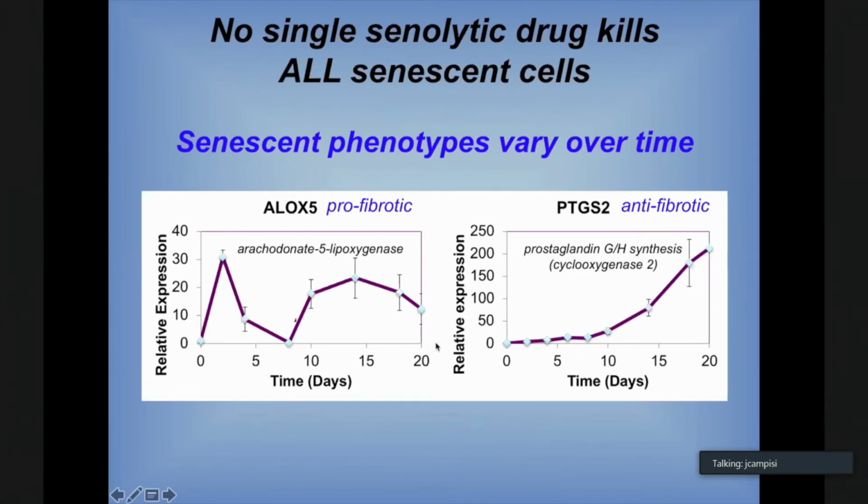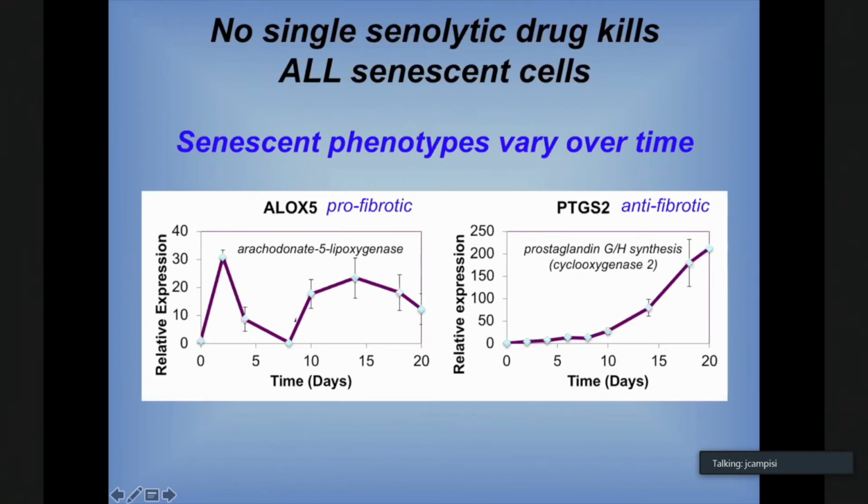This is very different from the expression of this prostaglandin gene, which is anti-fibrotic, where you can see there is no early response, but there's only a late response that then continues on for many days and actually many weeks afterwards. I will remind you that you need this pro-fibrotic leukotriene in order to undergo wound healing.